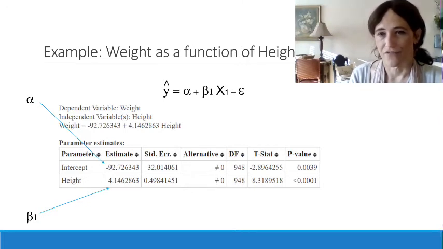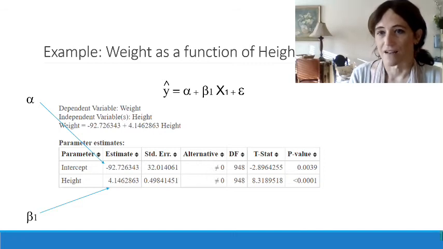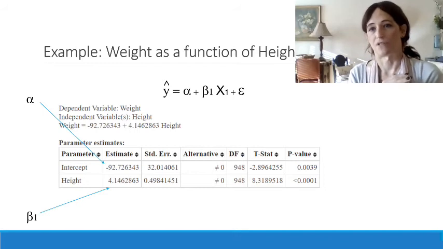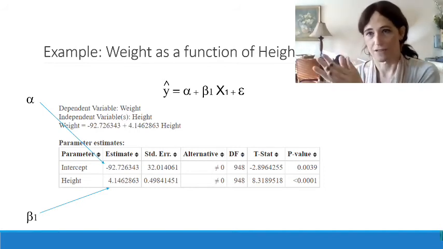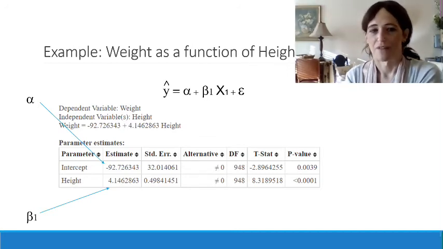The intercept value looks a little screwy. The intercept here is negative 92.7. Obviously, that's not a possible value for someone's predicted weight. The reason this happens is that we're going well beyond our observed data. First of all, zero height really doesn't exist, so we shouldn't expect a reasonable value for our weight.